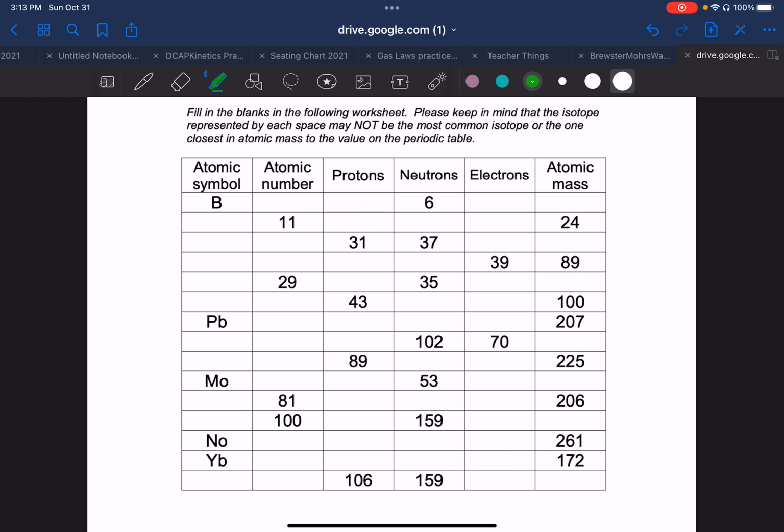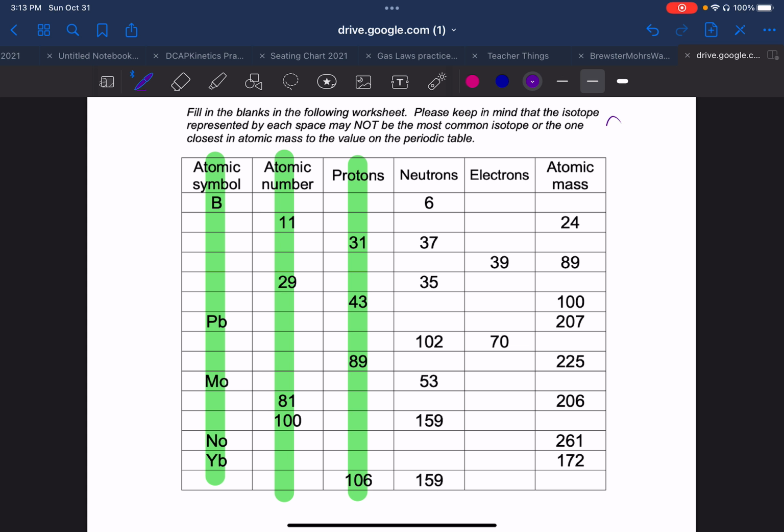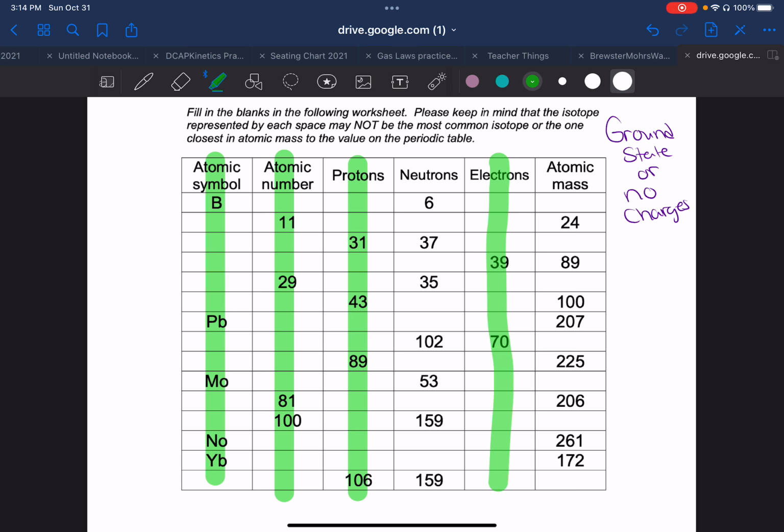So my proton count is the same thing as my atomic number count, and that number that I get for there identifies the element. And as long as we are at ground state, or no charges, so as long as I'm working with a neutral substance, then whatever my proton or atomic number count is, that is also my electron count.